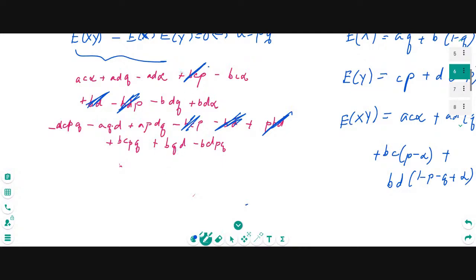ACPQ will not be cancelled. AC will have alpha minus PQ common. What else? Any other cancellations? AQD, AQD, all these three terms are cancelling, okay? BD alpha. All these four terms are here, all these three terms are here. Oh, no other cancellations. Okay, let's rub this off.